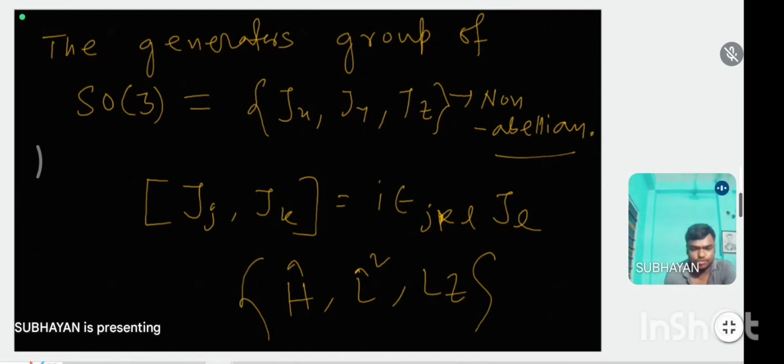And if they satisfy the group properties, they may be abelian, but they cannot satisfy the group properties all the time. Okay. So the elements of CSCO, because CSCO is not a group, CSCO is just a set of operators, a complete set of commuting observables, not a complete group of commuting observables, right?